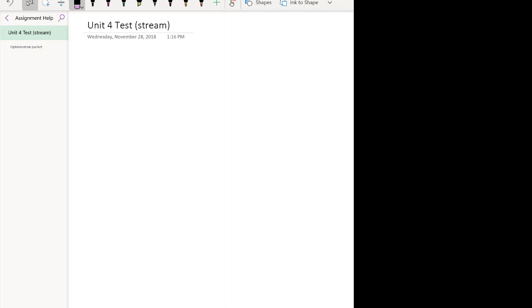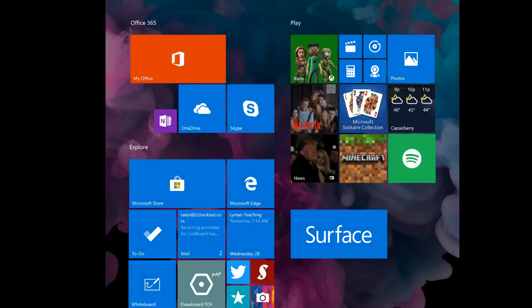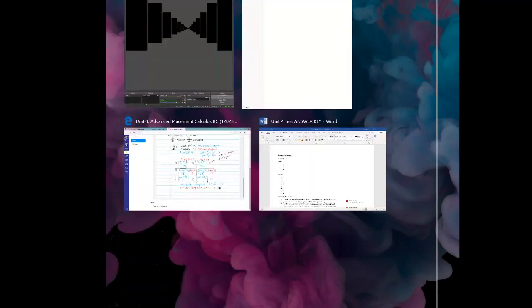So let me see about editing the display so we can see our stuff better. This is crazy. I don't like it. Do the thing, please. Okay, let's put this up.